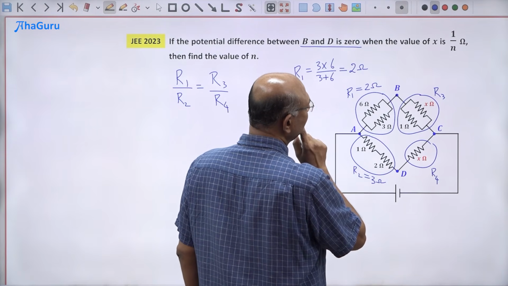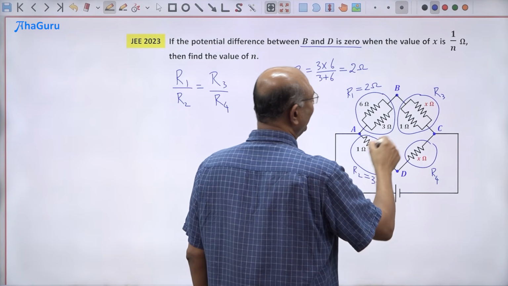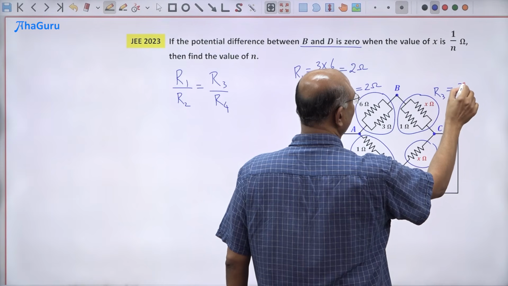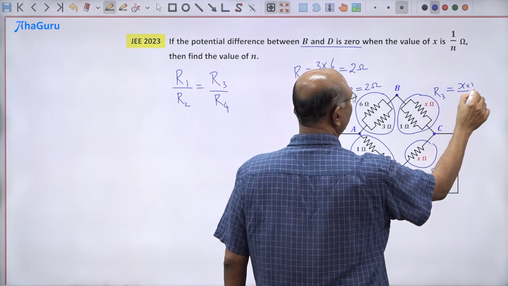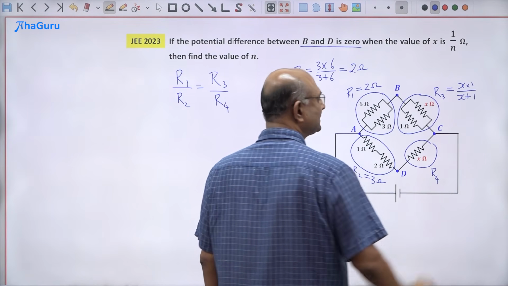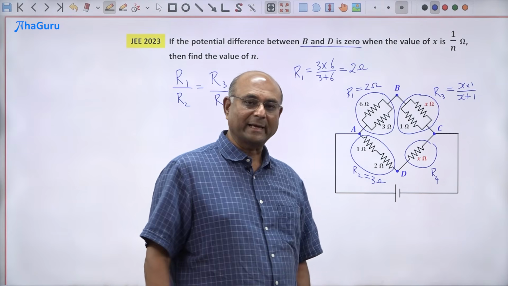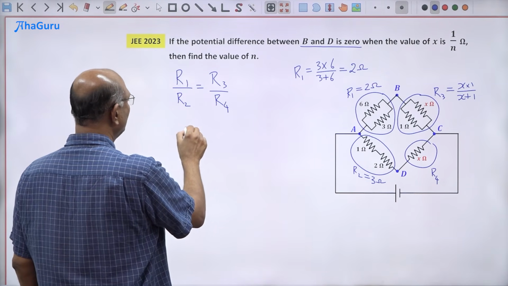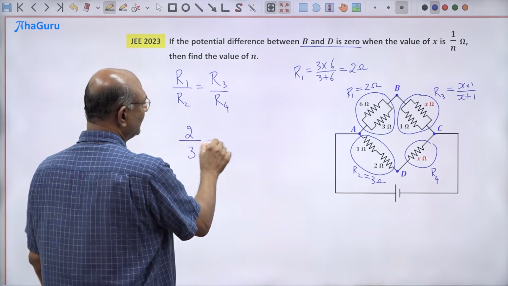What about R3? X and 1 in parallel. So X into 1 by X plus 1, X by X plus 1. And R4 is of course X. So we can write 2 by 3, right?